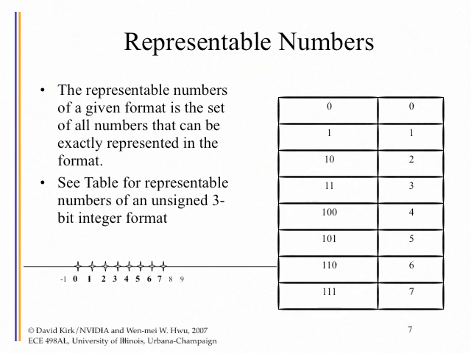So let's go through the representable numbers, and it will lead into that question. The representable numbers of any given format is the set of all the numbers that can be exactly represented in that format. Okay? So for any limited number of bits, you always have a limited number of numbers that you can represent, right? The more the bits, the more patterns you have, the more numbers you can represent. So there's no magic here. So let's say if I have an unsigned 3-bit integer format, then I can represent how many patterns? 8. 2 to the 3.